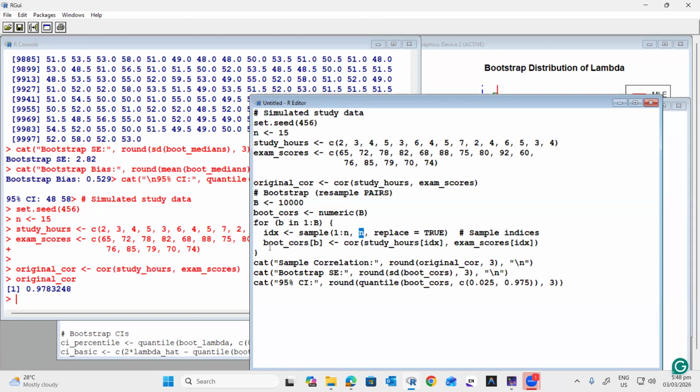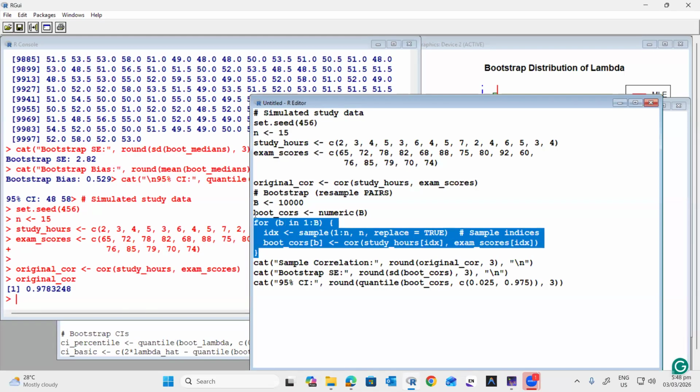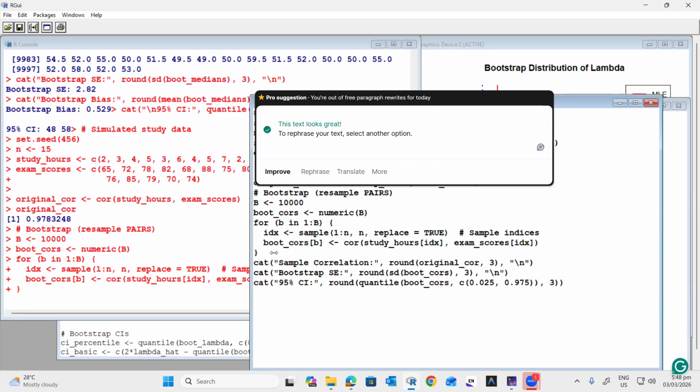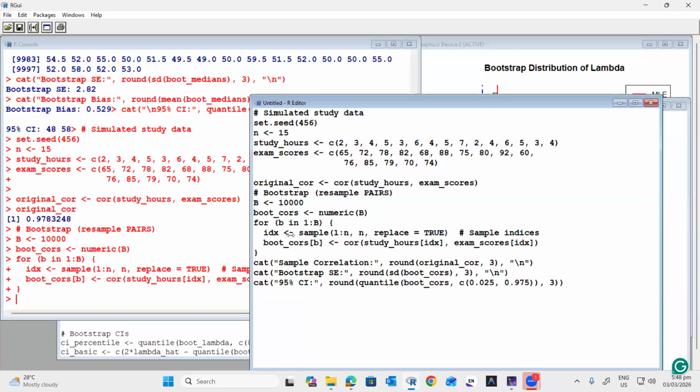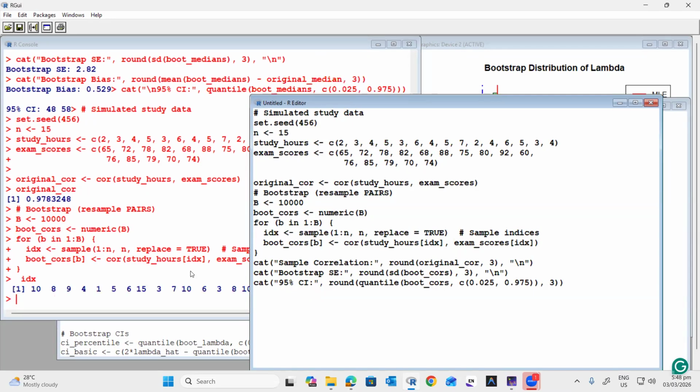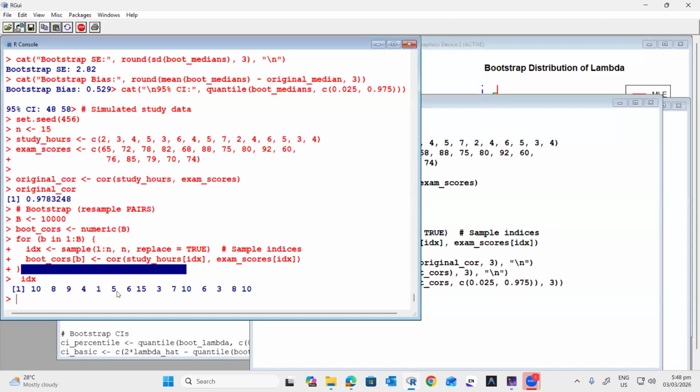After that, we find the boot correlation by using the command cor, with study hours indexed by idx and exam scores indexed by the same idx, whatever index comes. Suppose the index is 10, 8, 9, 4, 1, 5, 6, 15, 3, 10, 6, 3, 8, 10.